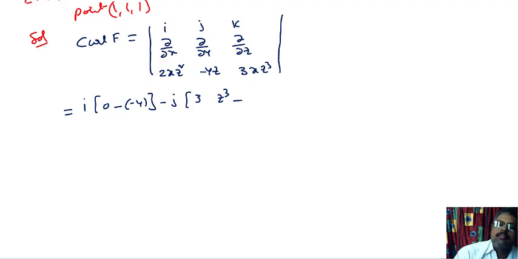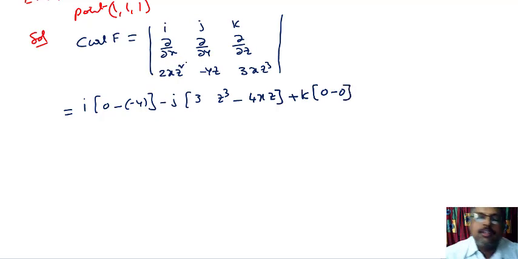Minus dou by dou z of this term, the z term is 4xz, plus k into dou by dou x of this term is 0, dou by dou y of this term is 0. I will repeat again. For the i coefficient, dou by dou y of this term is 0, dou by dou z of this term is minus y. Now minus j into dou by dou x, which is 3z cube, minus the z derivative, 4xz.